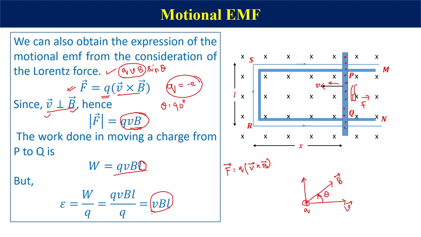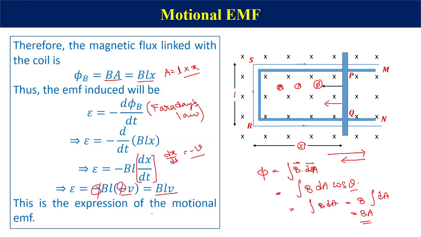This is coincidentally the same expression as we received from the previous derivation, where I considered Faraday's law directly and calculated how the flux associated with this circuit was changing. From there we found the motional EMF expression and got the same result.